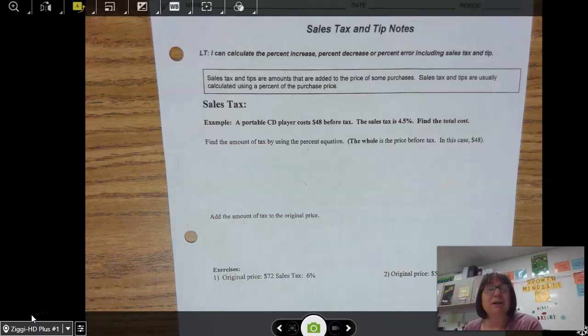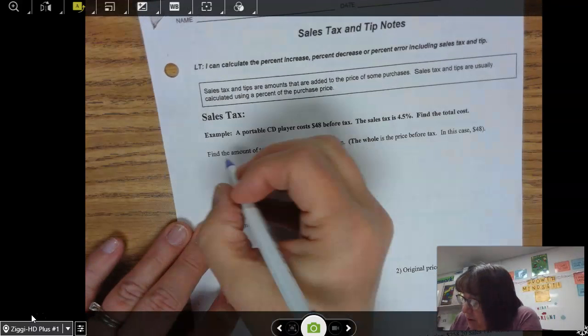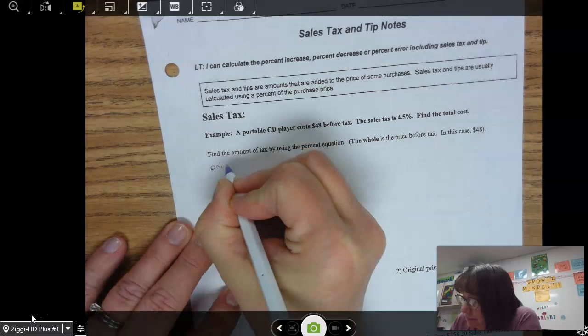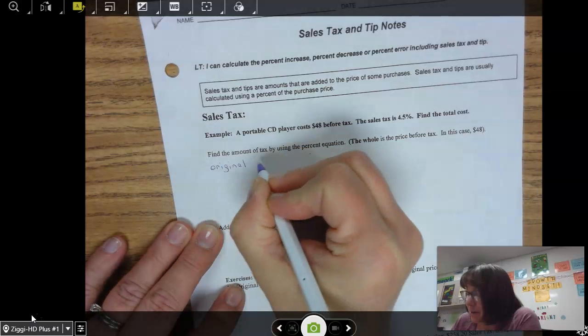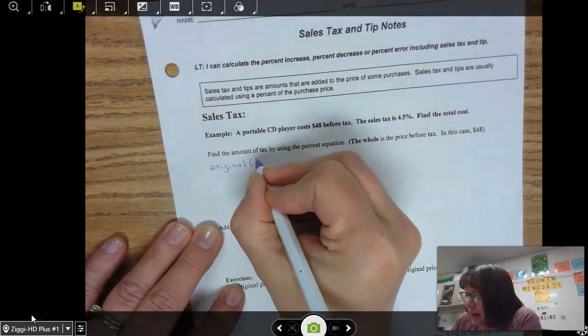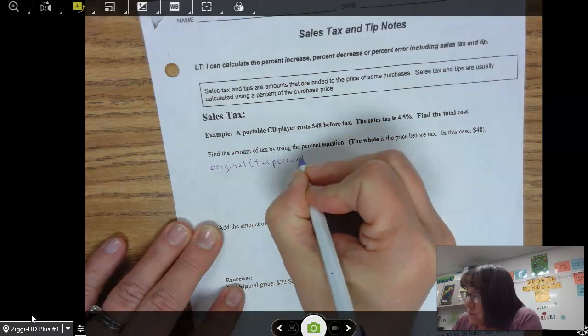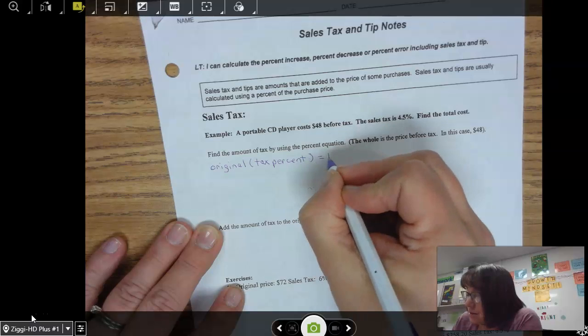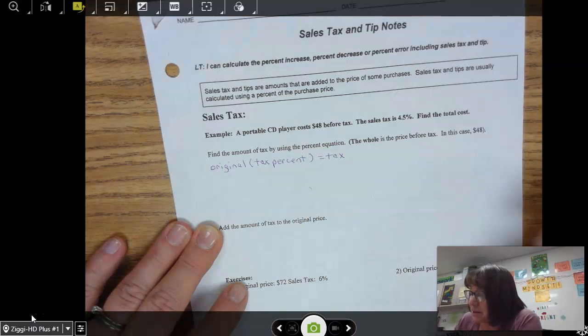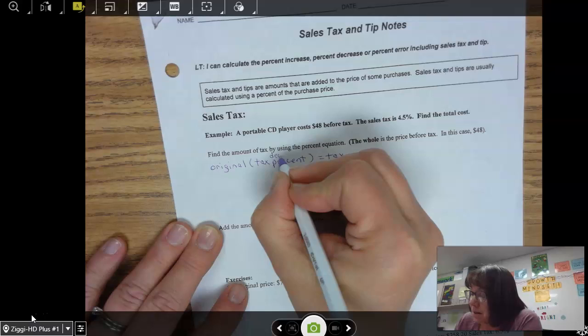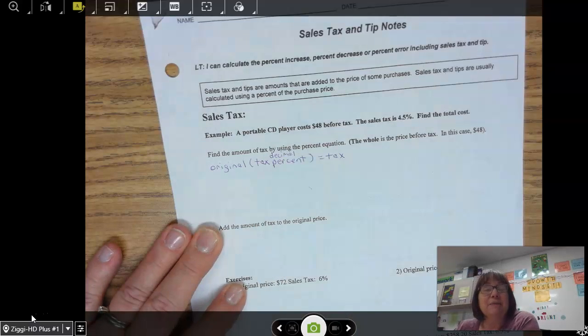Find the total cost. Okay, so we're going to take the original price of the item and multiply by the tax percent. And this will tell us how much tax we're going to owe. And remember, this tax percent needs to be a decimal, not a percentage.